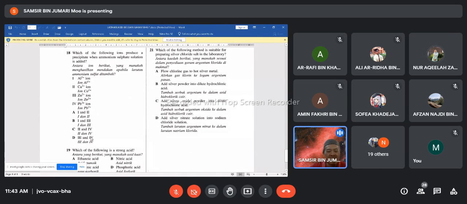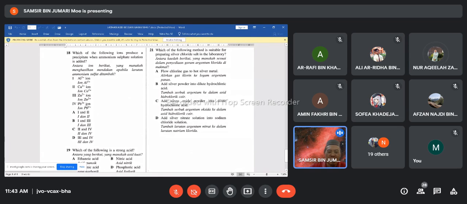The reacting particles mean the name of the ion itself. Lead two ion. Sulfate ion.